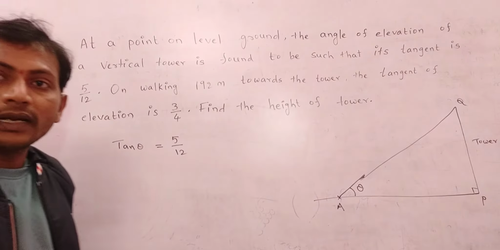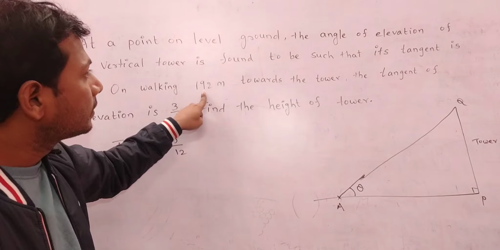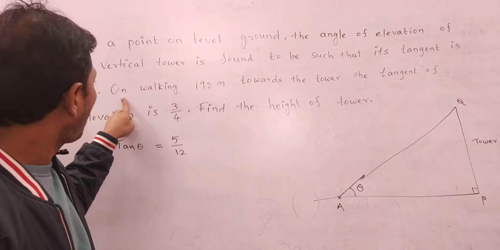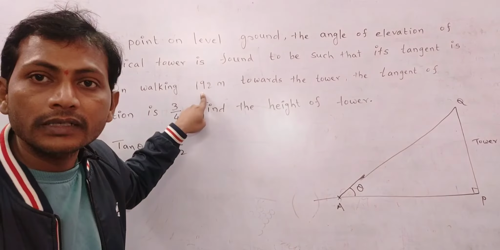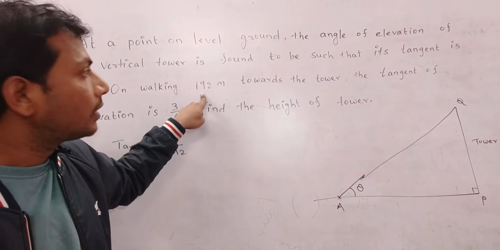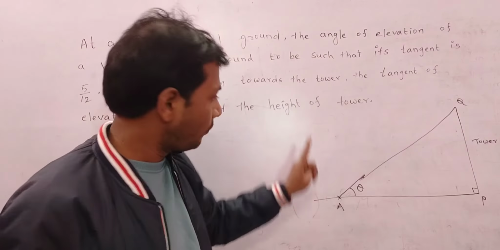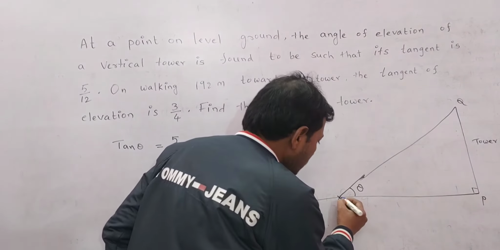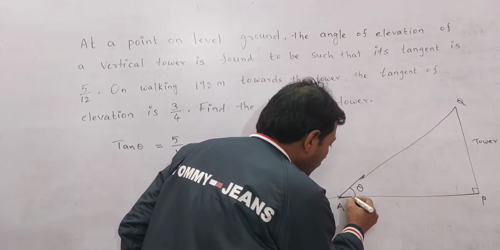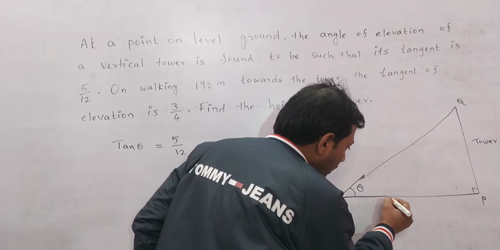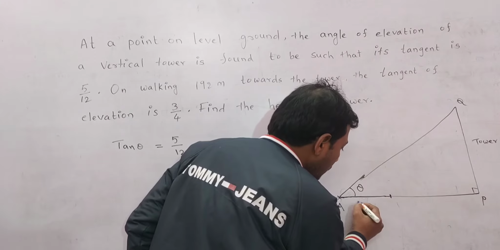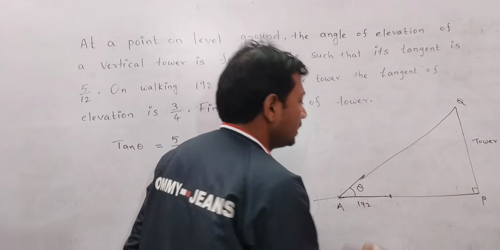Next, what has he done? On walking how many meters? 192 meters towards the tower. Then from A, imagine that person walking like this up to here. This is 192 meters.